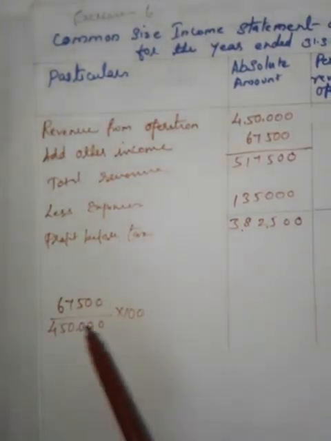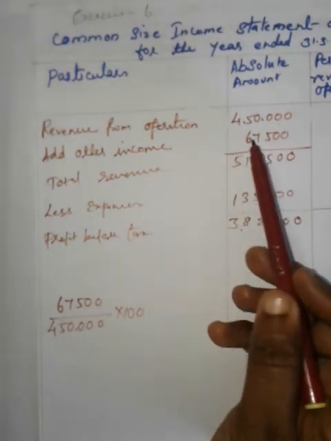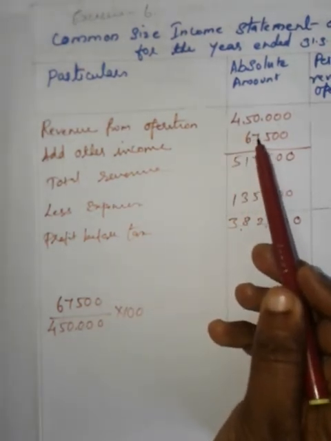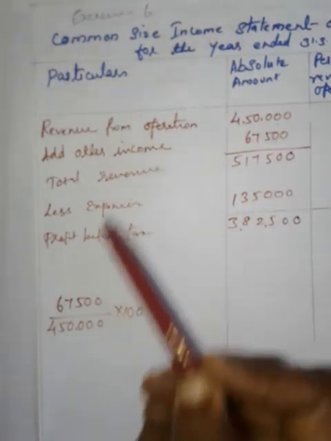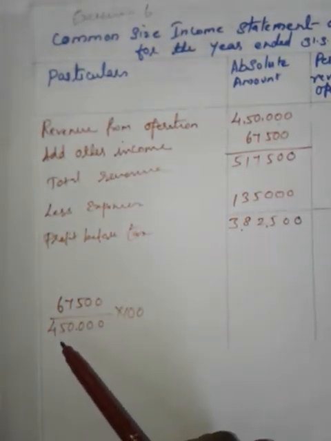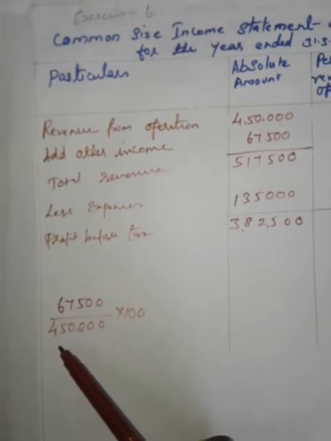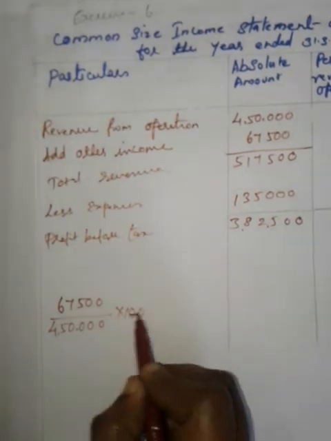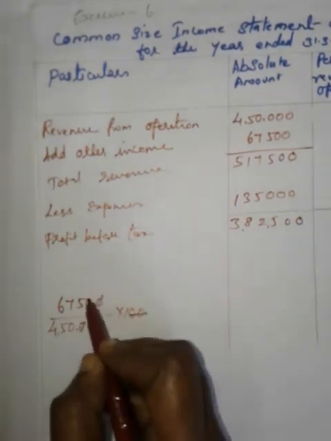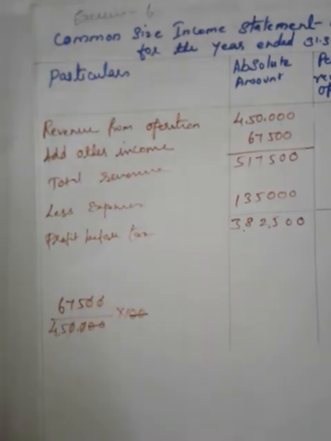Take the second amount, 67,500, and revenue from operation is the base. So I take 4,50,000 into 100. Then we will compare like this. How many times will it be? It will be 15 times.